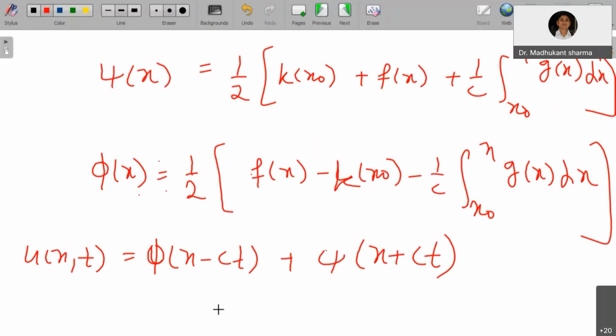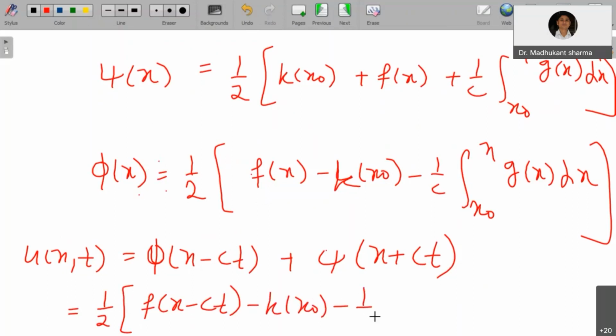So this is equal to 1 by 2 times f of x minus ct minus k of x naught minus 1 by c integration x naught to x minus ct g of x dx, plus c of x plus ct.